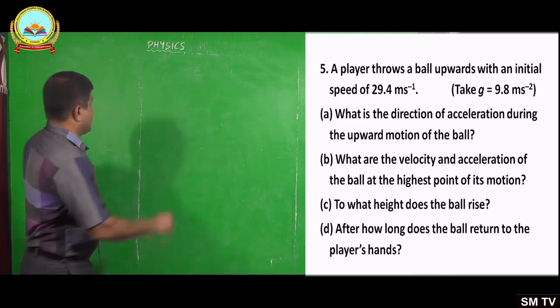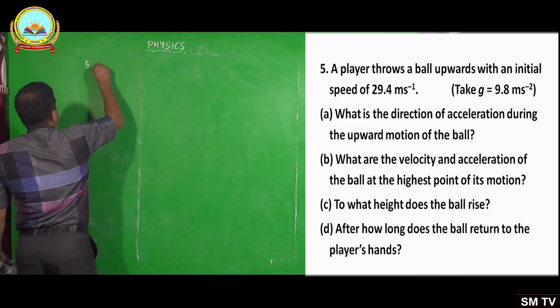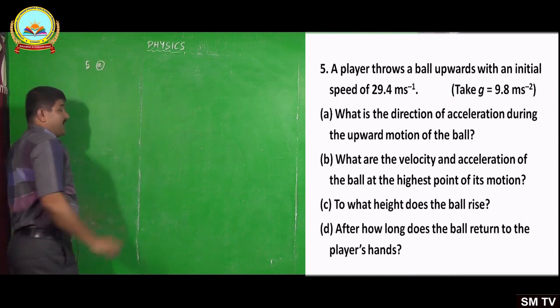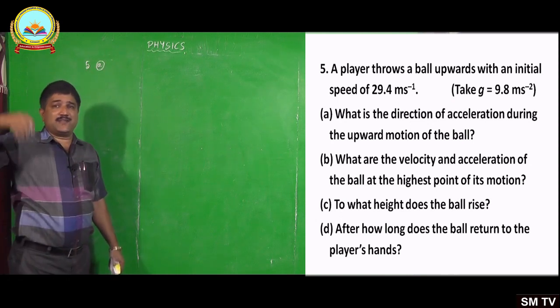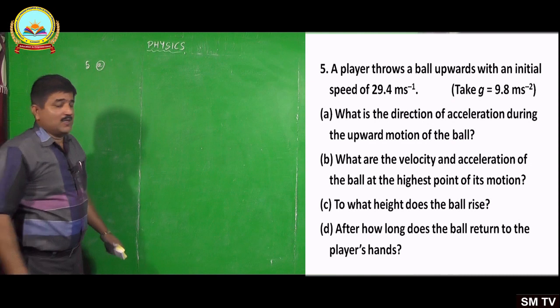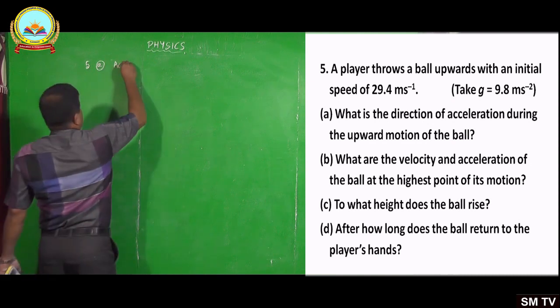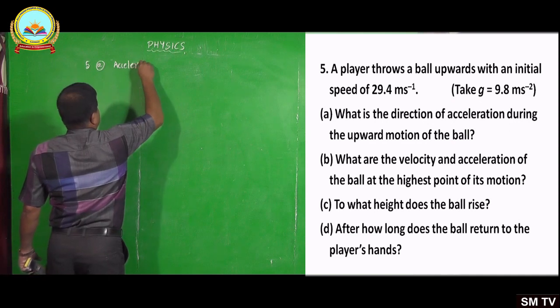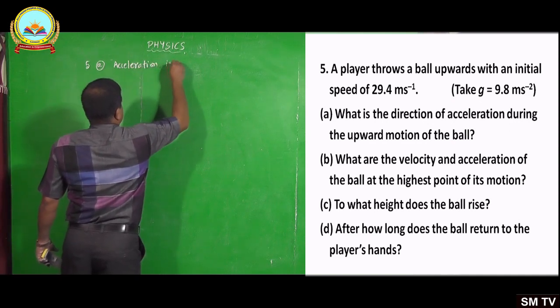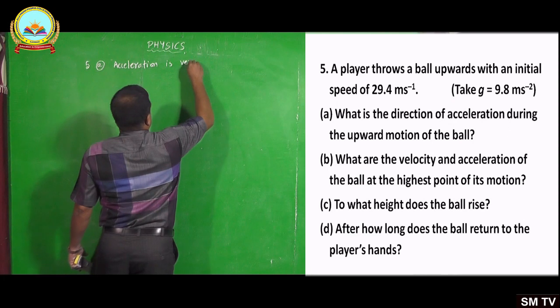So first answer, A. The direction of acceleration is always downward. The acceleration of the ball is directed towards the center of earth. Acceleration is vertically downward.